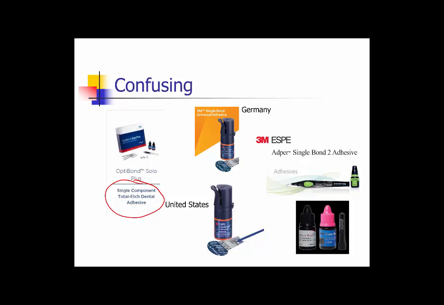And there are different products in different countries with different names. So 3M Single Bond Universal adhesive in Germany is exactly the same as Scotchbond Universal adhesive in the United States. In fact, in the United States, Single Bond refers to an etch and rinse 5th generation adhesive resin.